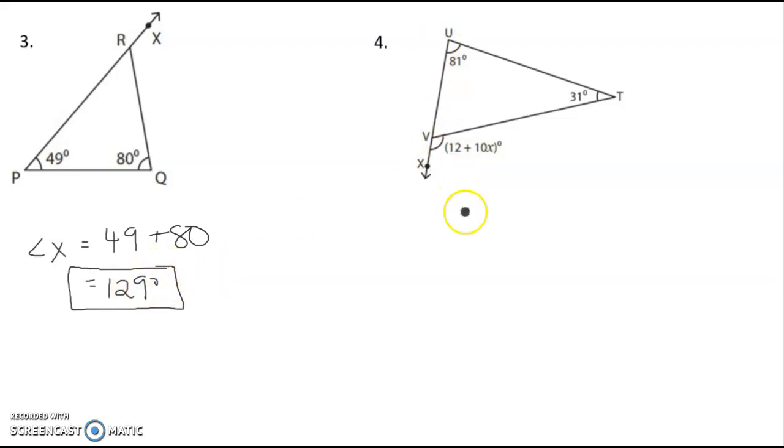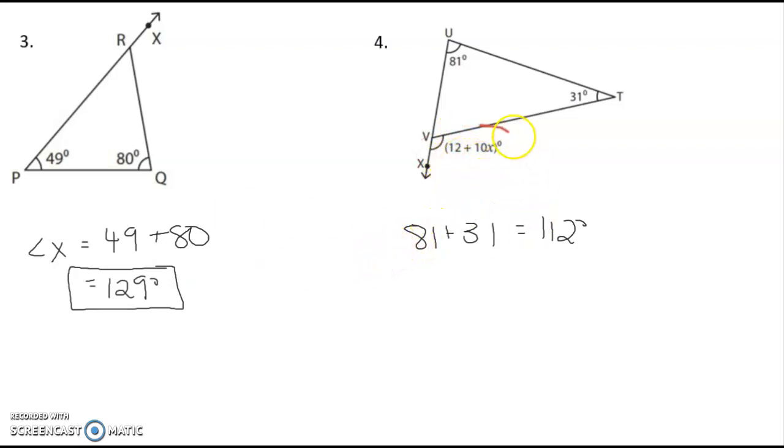Okay, and now we're going to do a tricky one, just like that last one, number 2 that we did. So here we also know that adding these two up will tell us what this equals. Okay, so let's do that first. 81 plus 31 equals 112 degrees. So we know that this angle is 112 degrees, but we need to solve for what X is.